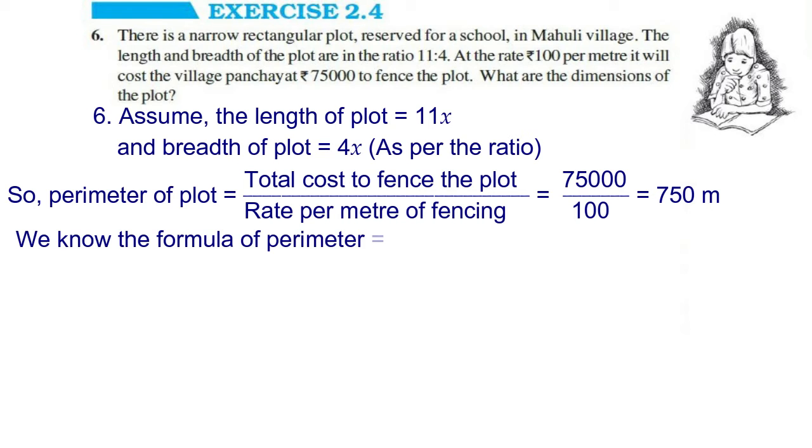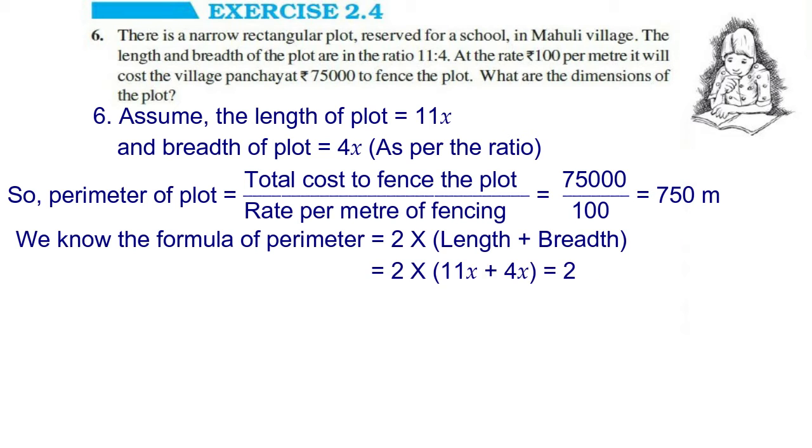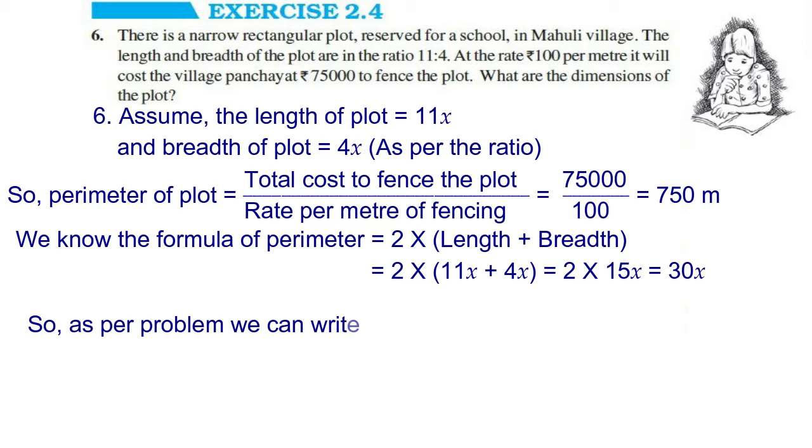And we know the formula of perimeter is equal to 2 into length plus breadth, means 2 into 11x plus 4x is equal to 30x. So as per the problem we can write 30x is equal to 750, or x equal to 750 by 30, means 25.